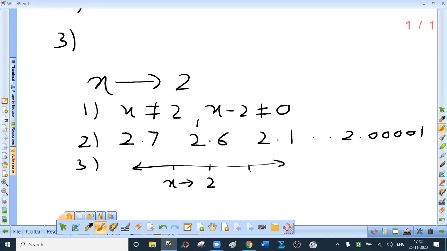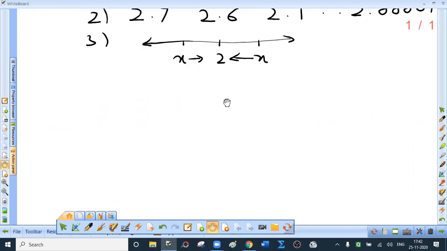It is possible that the first value is greater than 2, but x has to approach 2 only. So the third inference is that if x approaches 2, it may approach either from the left of 2 or from the right of 2.